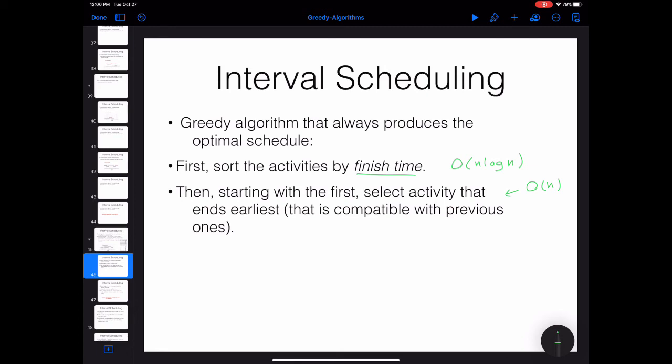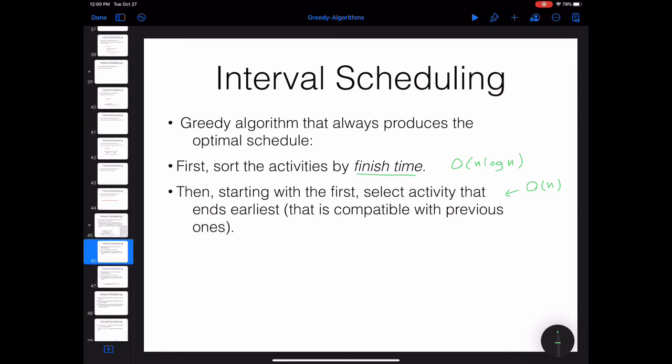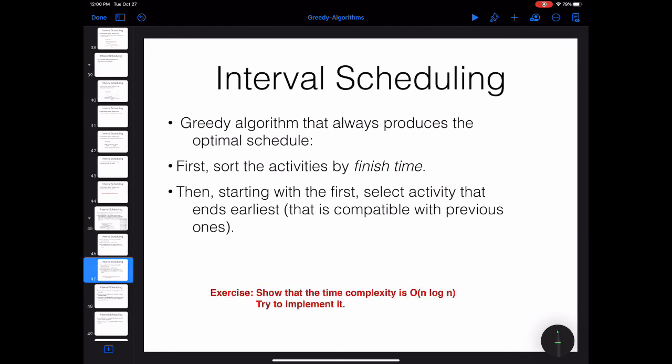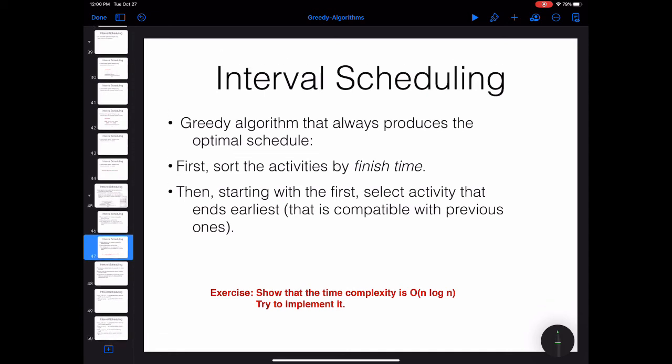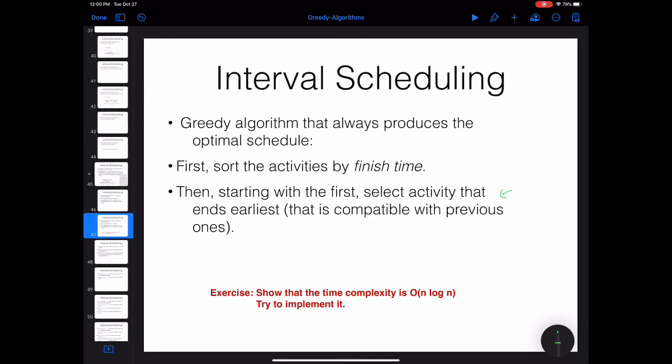And that's it. That's a constant amount of work to check the conflict for each job, and this can be done in O(n). Try to write the code for this problem as an exercise, especially writing this part in an optimal way. This is going to be nice.